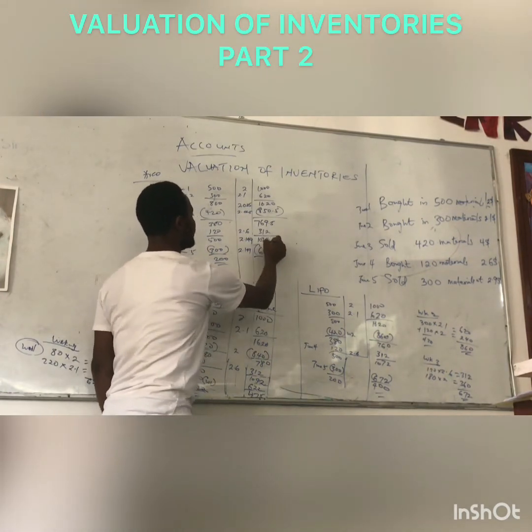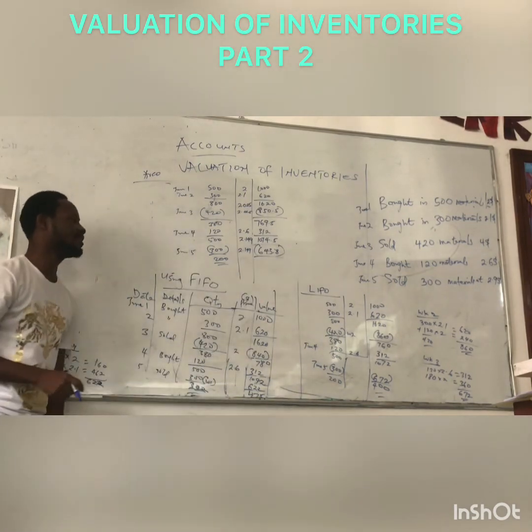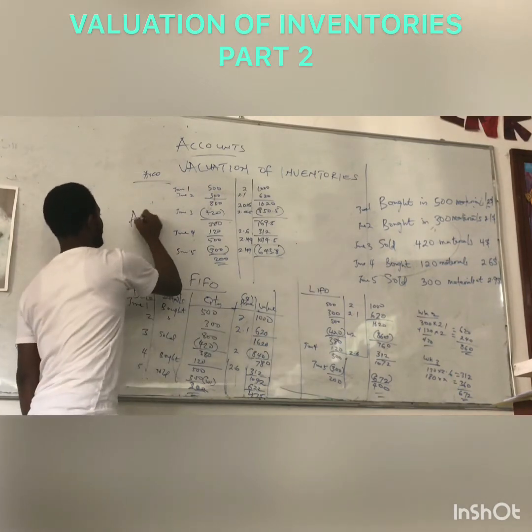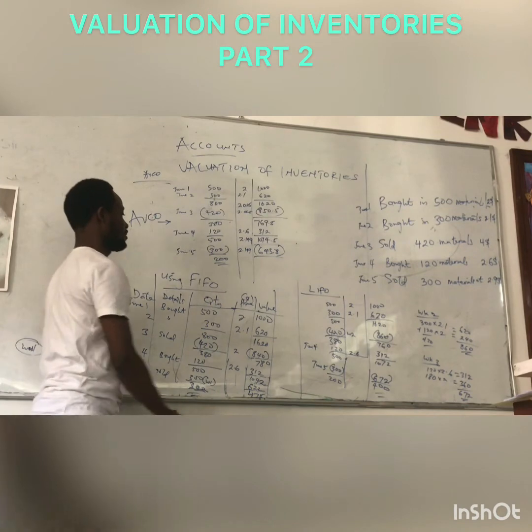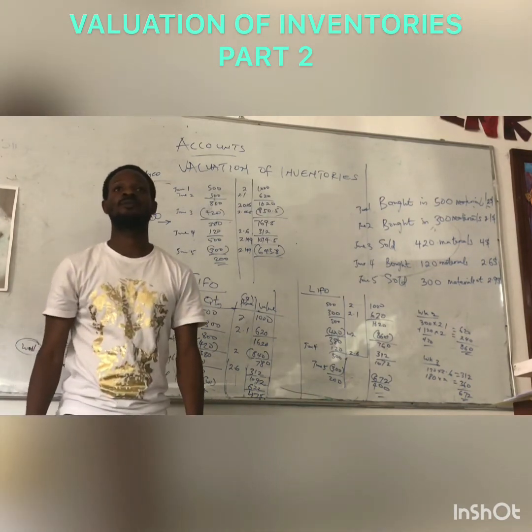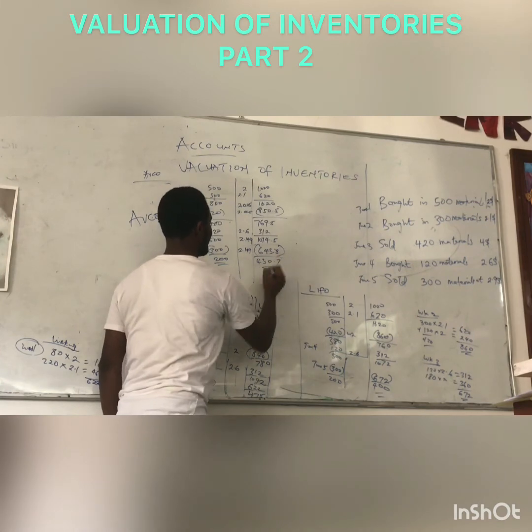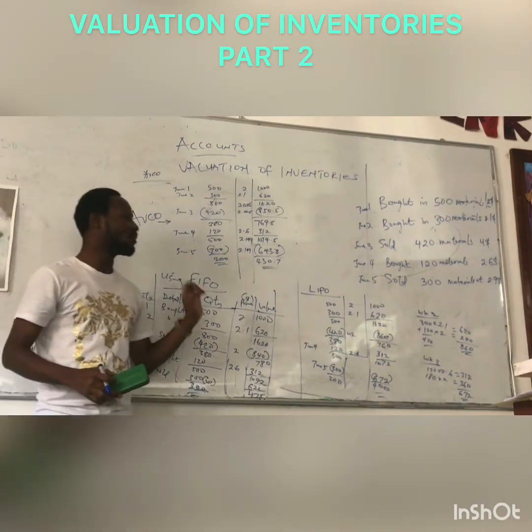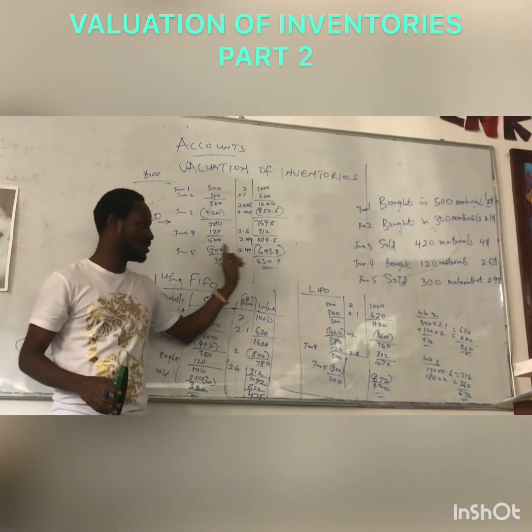Now 1074.5 minus 643.8 is 430.7. Now, if we look at it, the value of closing inventory using AVCO is 430.7.